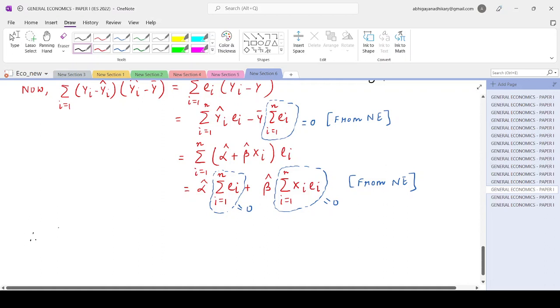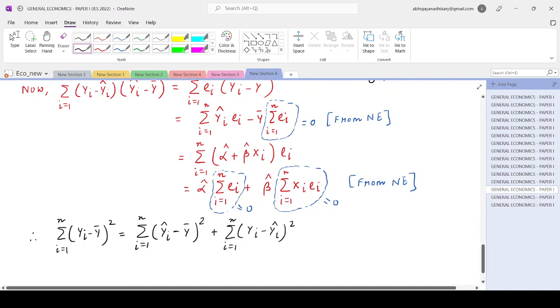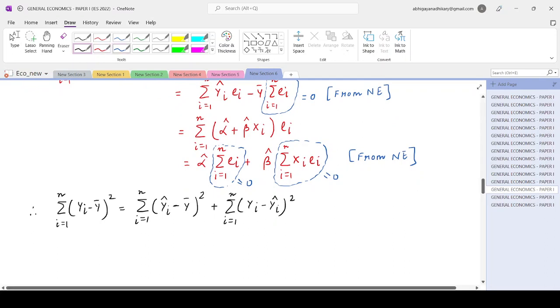Therefore, what am I left with? On the left side, we started off with summation i running from 1 to n of yi minus y bar whole square, and now we get summation of yi hat minus y bar whole square plus summation i running from 1 to n of yi minus yi hat whole square. Correct. The left side is the total variation in y, which is the total sum of squares.